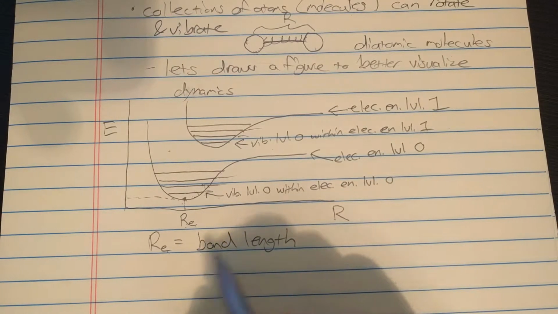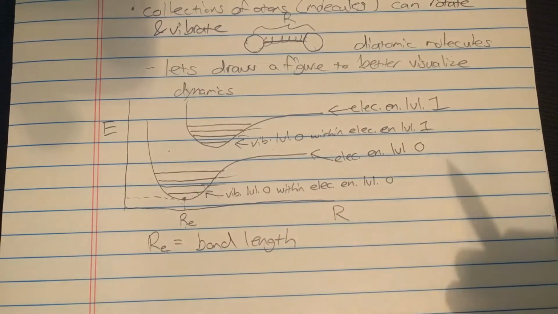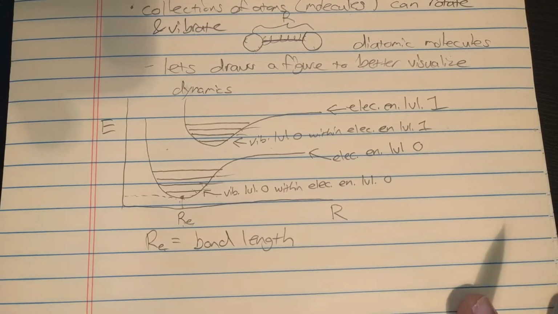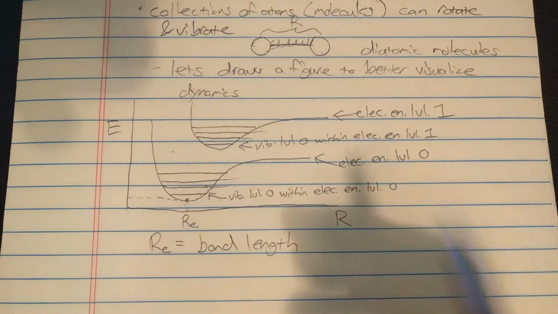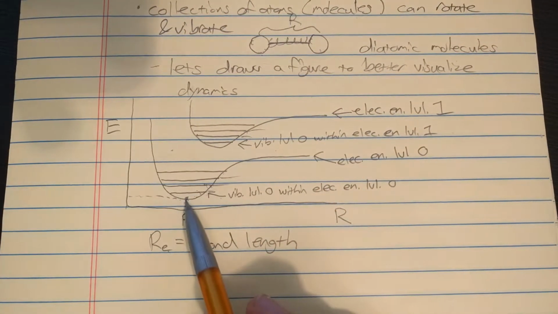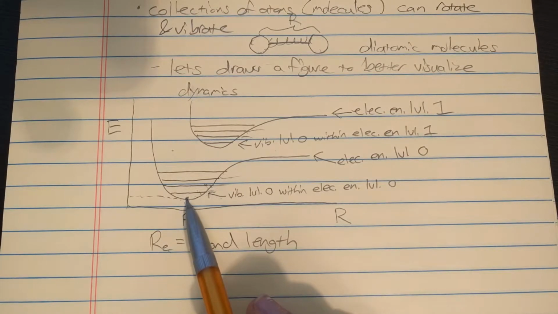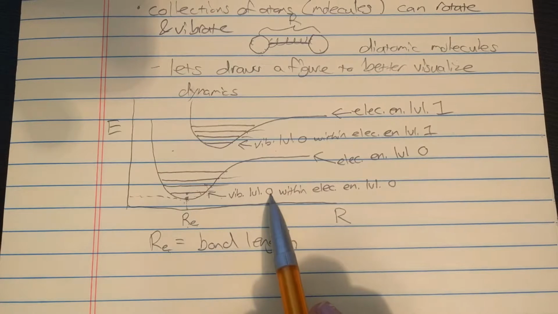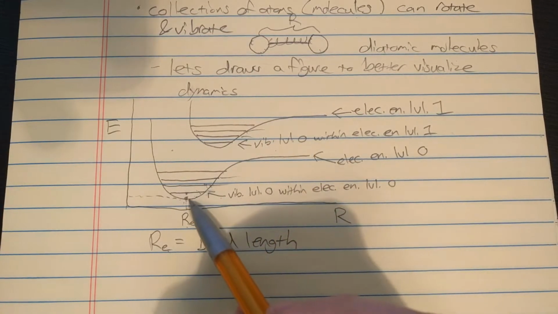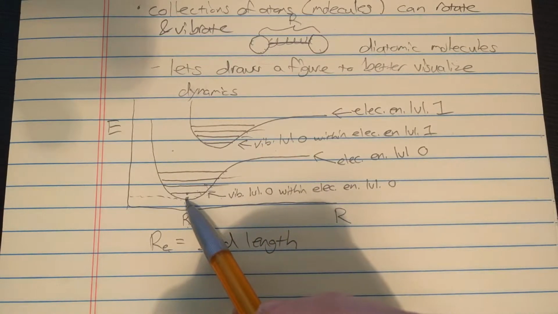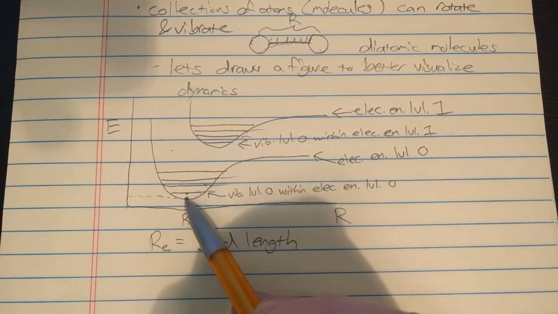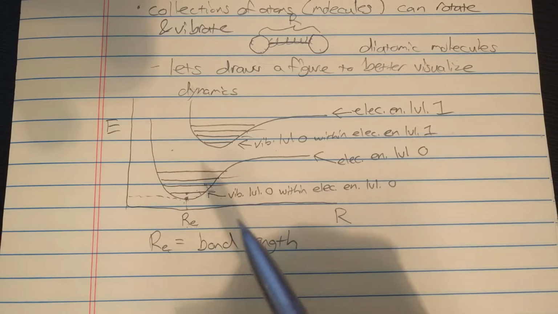So you might see it as the equilibrium bond distance, which just means it's where the molecule most of the time is going to be located, well, in the 0th vibrational level. I should mention that the vibrational level can't lie at the very bottom of this well. It lies a little bit above it.